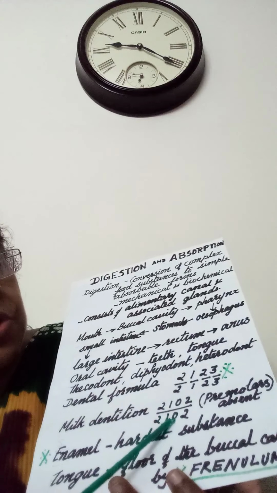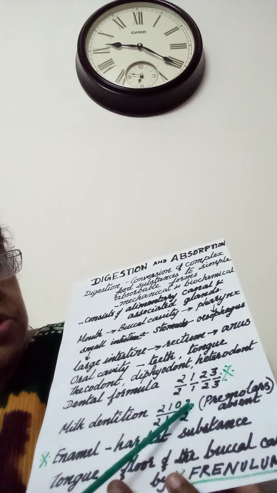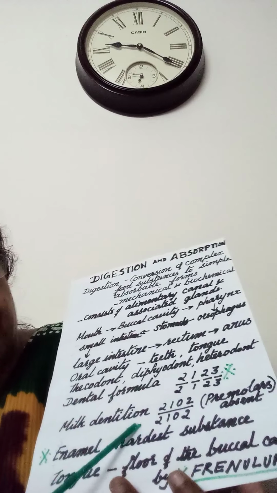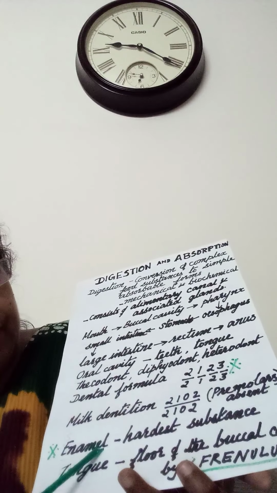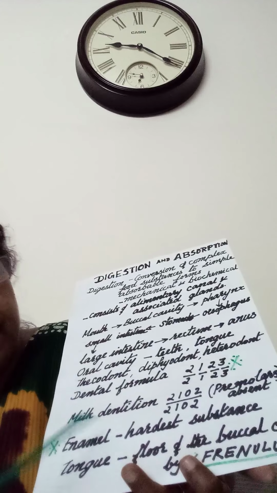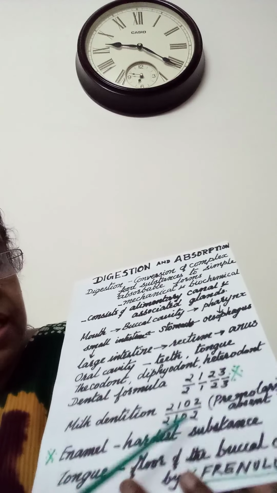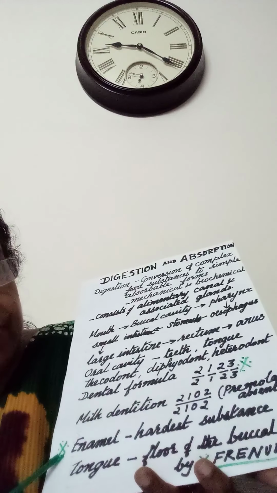That's why it is written 0. 2 molars. So 2102 by 2102 is the milk dentition formula. Then enamel. The surface of the teeth is covered by enamel. That is the hardest substance in our body. Enamel. That is also very important.